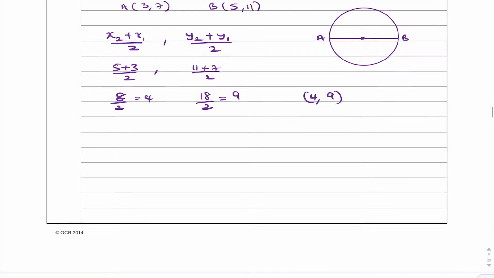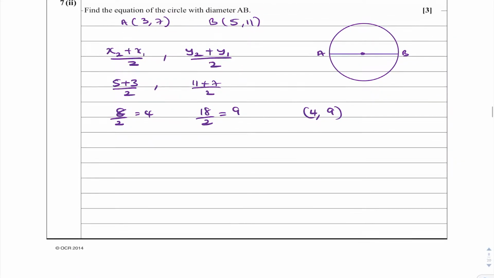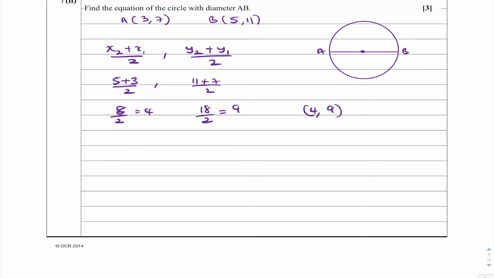And the equation of a circle, because we're told to find the equation of a circle, the radius of this circle is going to be, if AB equals, let's just write it clearly, 2 root 5, therefore the radius will be equal to half AB, which is root 5.